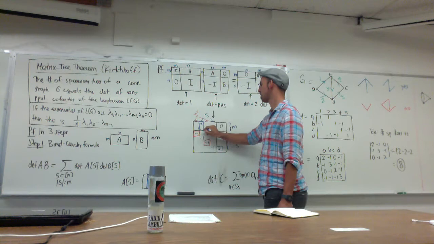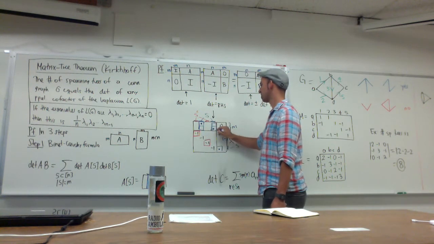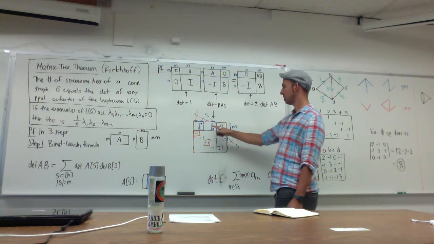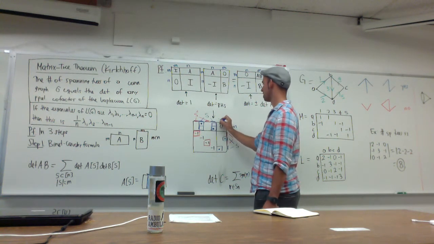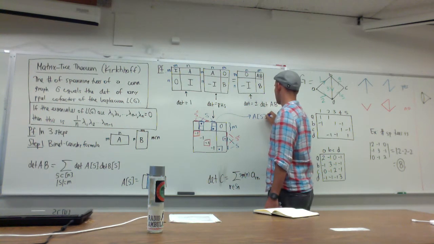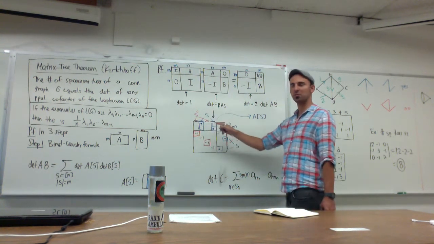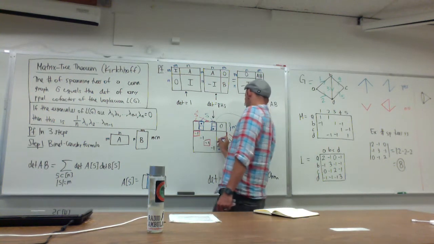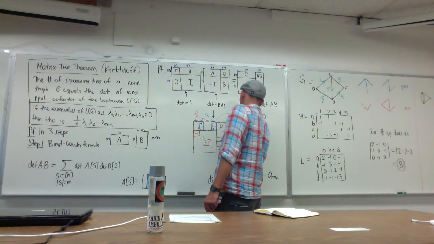which is A of S. What I have here is precisely A of S. So I'm choosing some permutation in A of S, and I'm choosing some permutation in this matrix over here.